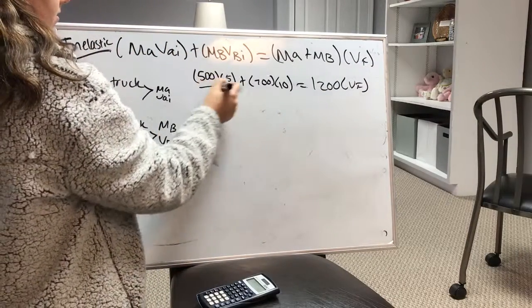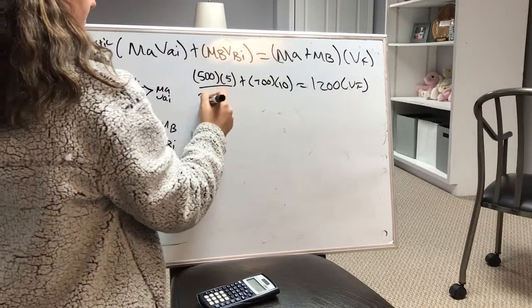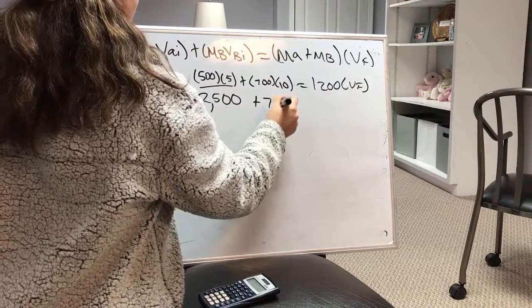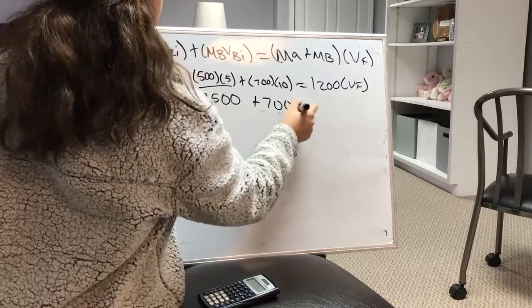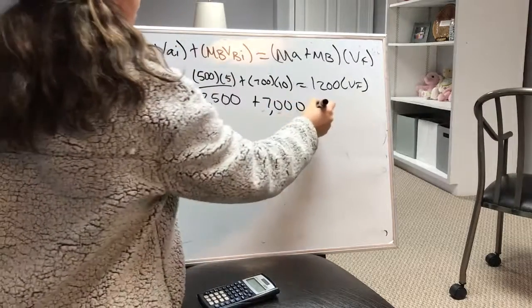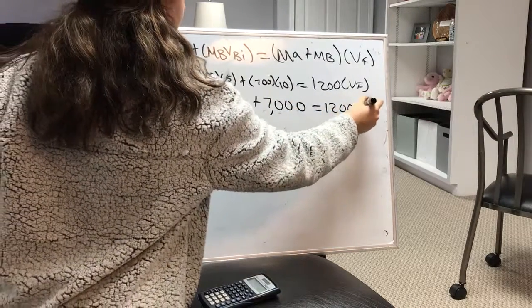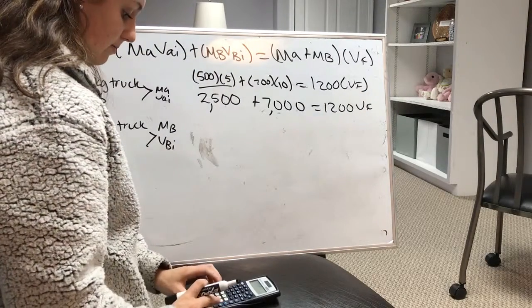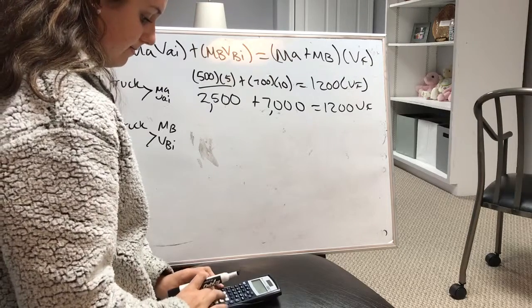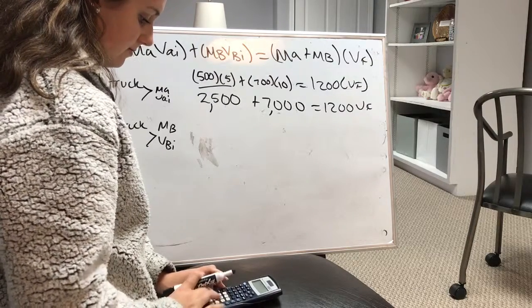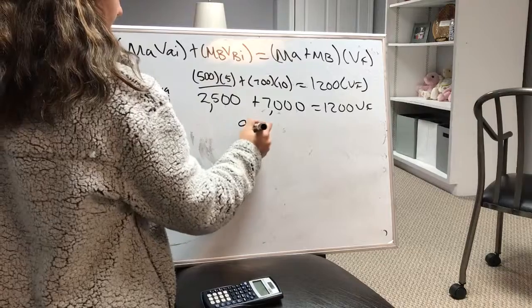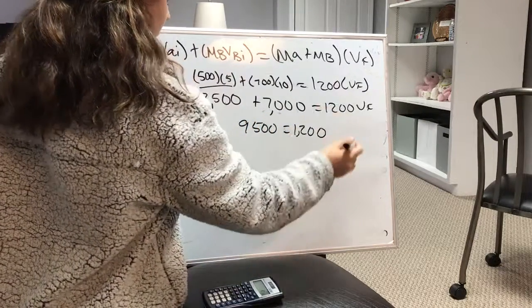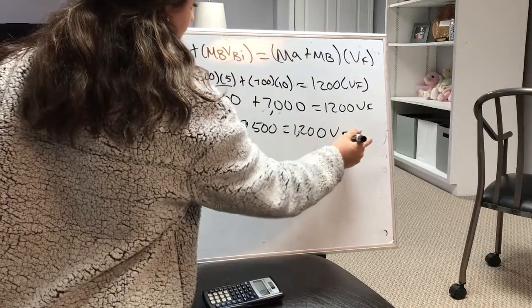So, to simplify, 500 times 5, 2,500, plus 700 times 10, 7,000, is equal to 1,200 VF. 2,500 plus 7,000, 9,500 is equal to 1,200 VF.